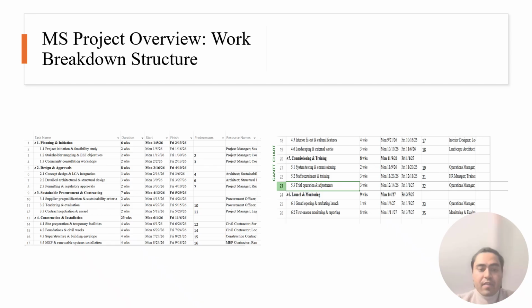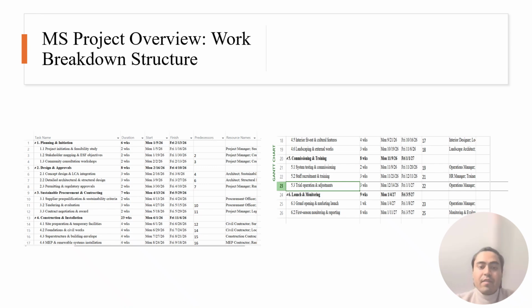The first phase is planning and initiation, which covers the feasibility study, stakeholder mapping, and initial community consultation. The second phase is design and approval, where the concept design is developed, detailed drawings are produced, and all necessary permits are obtained from the rural municipality.